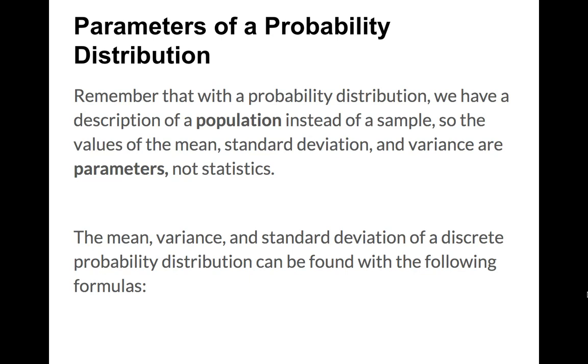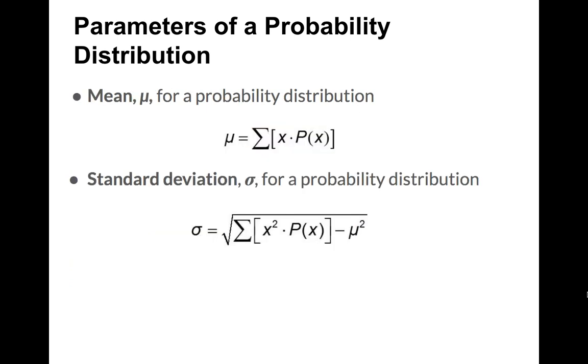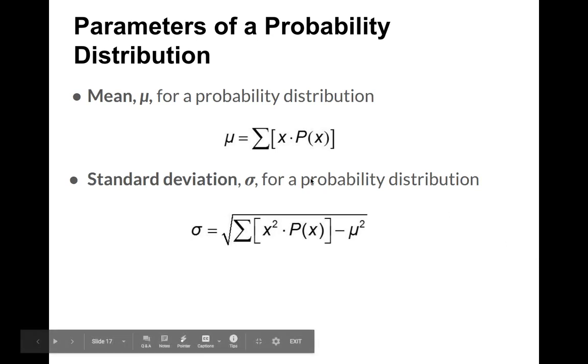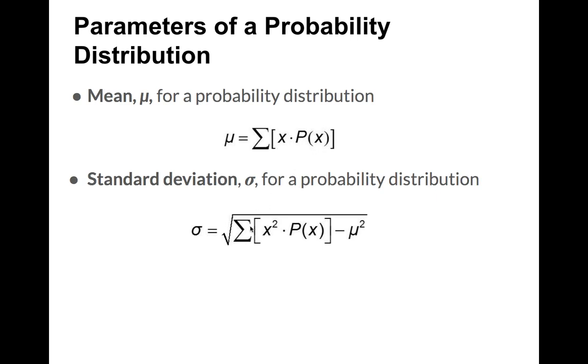So if we have a discrete probability distribution, finding the mean and standard deviation is pretty simple. It's not crazy difficult, but it can be very complicated and tedious. The mean, mu, for a probability distribution is simply the sum of the random variable values times their respective probabilities. So that's what this is saying right here. Take the value of the random variable, multiply by its probability. The standard deviation is a lot muckier.